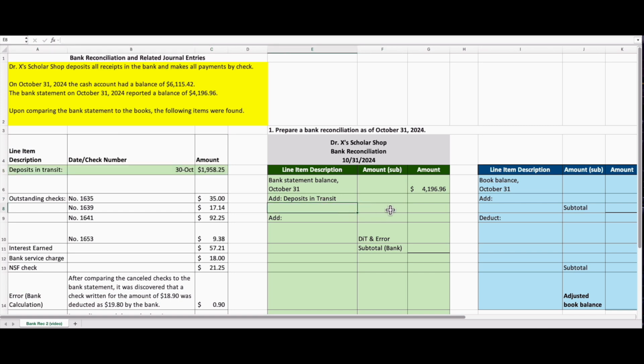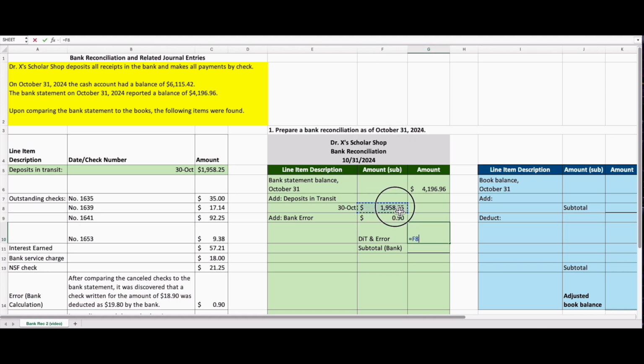The first thing we add on the bank's reconciliation is any deposits in transit. There is one, October 30th, in the amount of $1,958.25. In addition, remember we need to take care of that bank error, so we add it here in the amount of 90 cents.